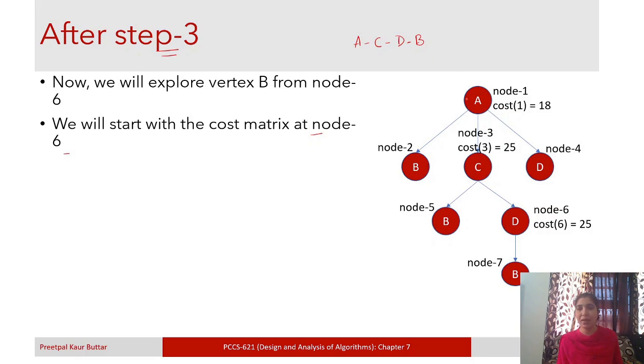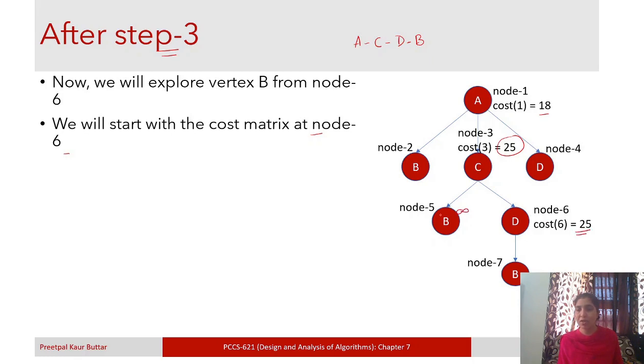So this is the overall scenario. You can see here we started at node 1, its cost was 18. Then from node 1 we calculated the costs of node 2, 3 and 4, that is B, C and D, and out of these we found this one as promising. So we explored this node. From this C node the options were B and D, that is node 5 and node 6. So we calculated the cost of these nodes.